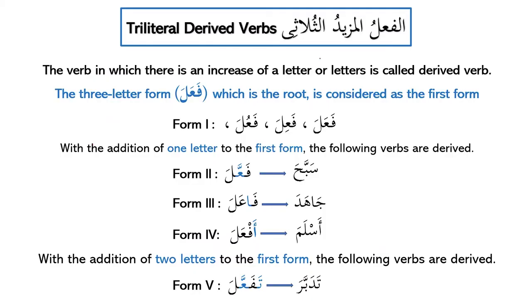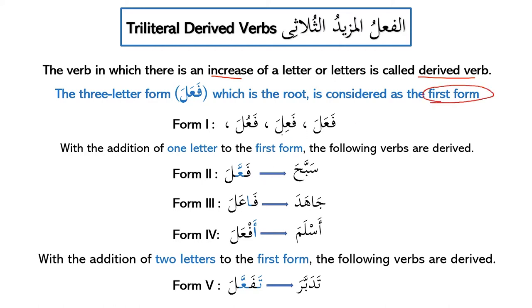We discussed in the beginning about al-fi'l al-mazidu al-thalathiyu, triliteral derived verbs, and we know that there is an increase of a letter or letters, and that's why we call them derived verbs. The 3-letter fa'ala, which is the root letter, is considered, or the root is considered as the first form.